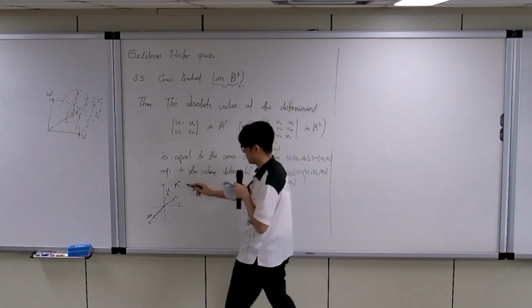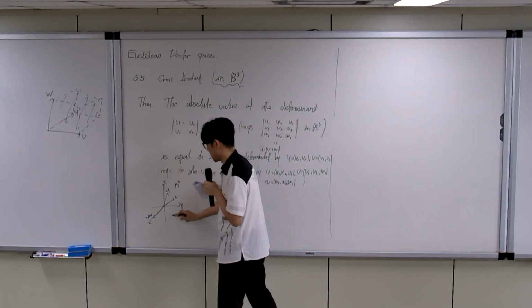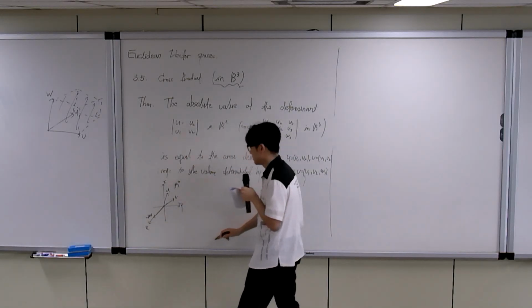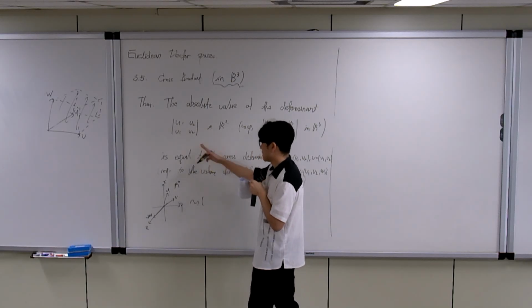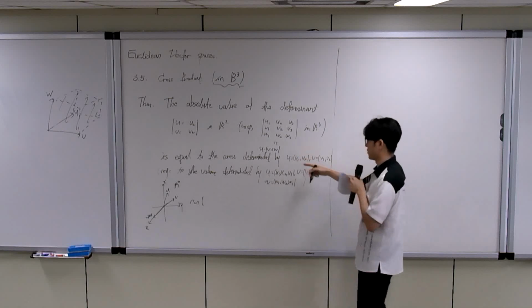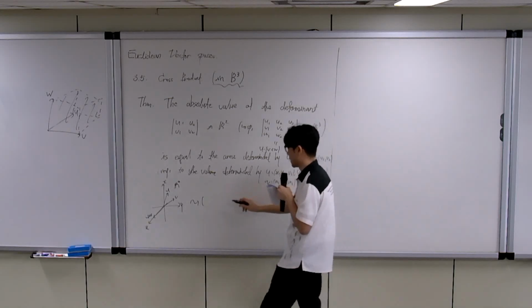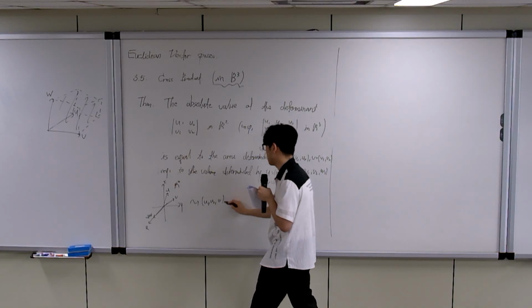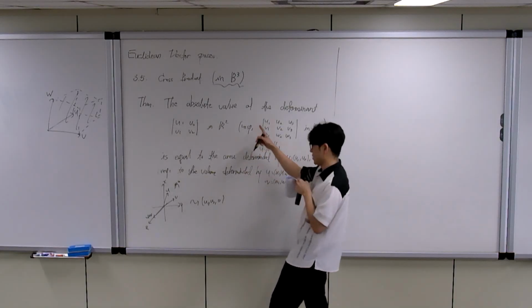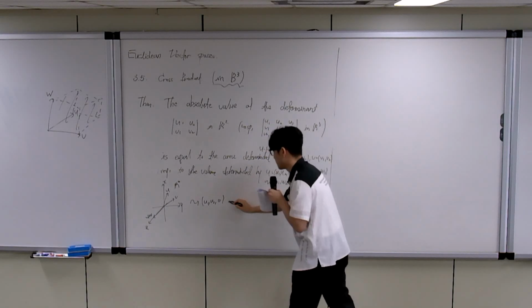And if you write x, y, z components, then u1, u2 will be written as u1, u2, 0 in R3 space.